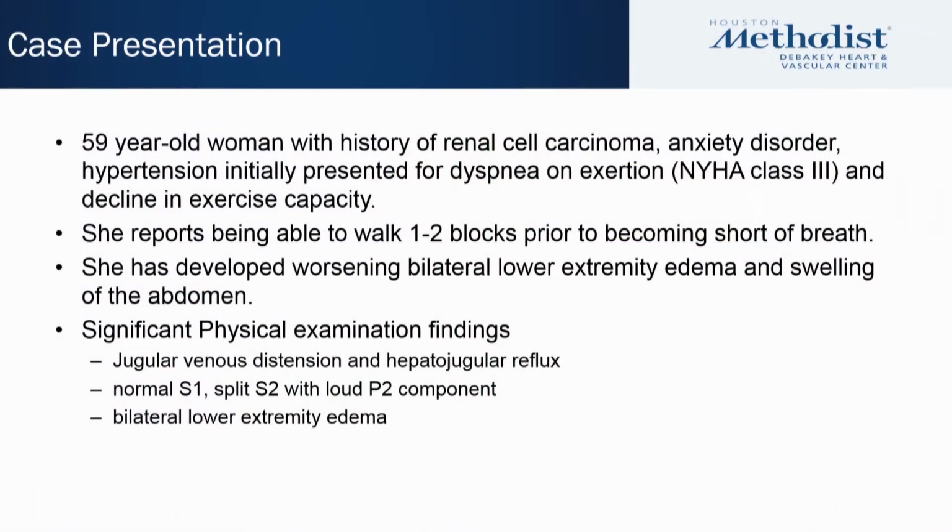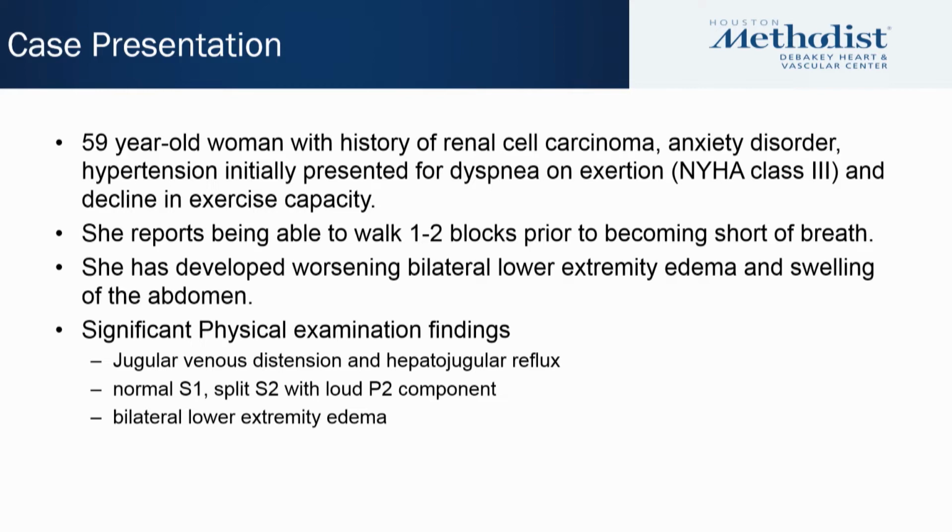So we have a 59-year-old female with history of renal cell carcinoma, anxiety disorder, hypertension, who initially presented to us with dyspnea on exertion with class 3 symptoms, and has noticed a gradual decline in her exercise tolerance. She is now only able to walk about 1 to 2 blocks before becoming short of breath.